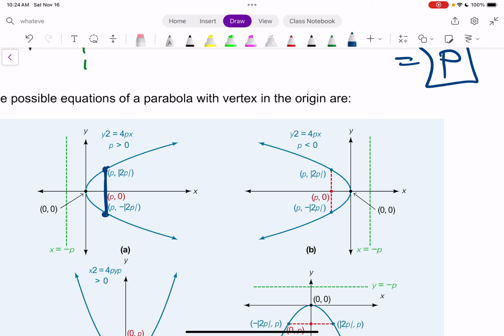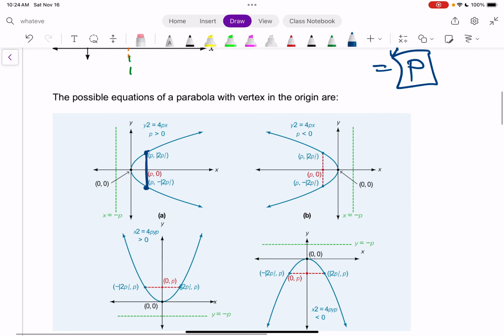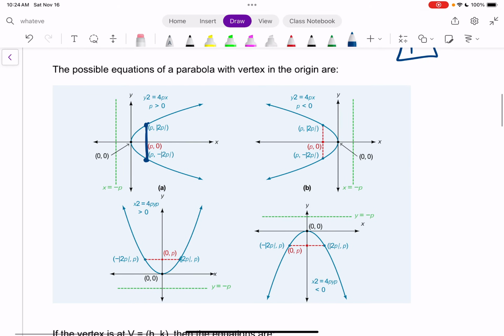So given that, I would like to now introduce the possible equations of a parabola. Now, of course, as before, we don't have a center for a parabola. There's no such thing as a center. The center is taken over by the vertex. So the vertex is kind of the central point of this whole story. So if we put that vertex at the origin, the equations, these are kind of funny looking.